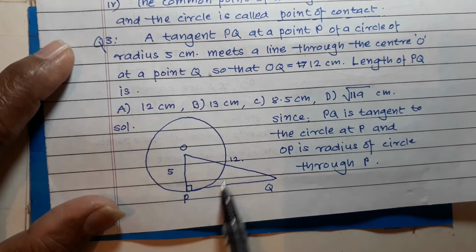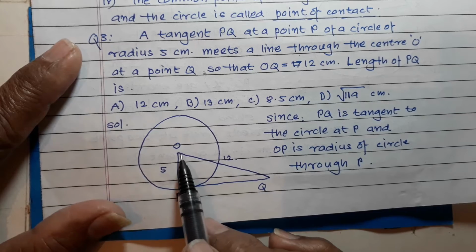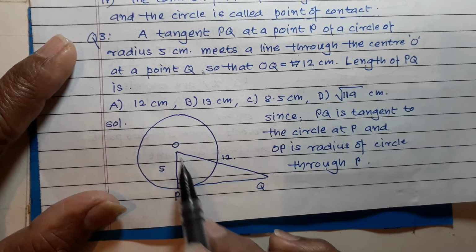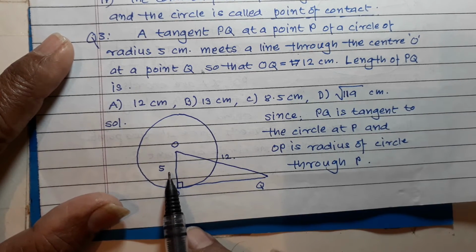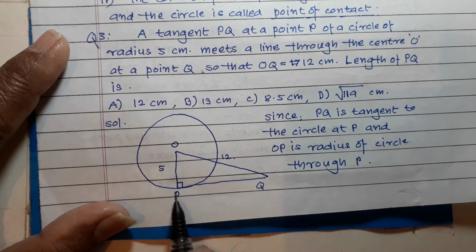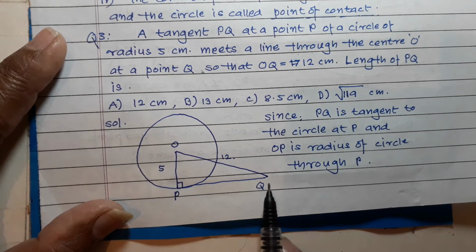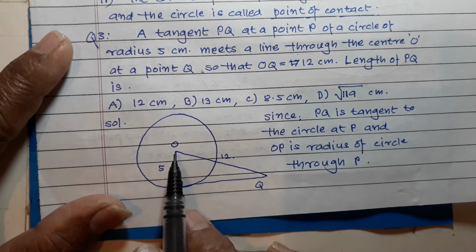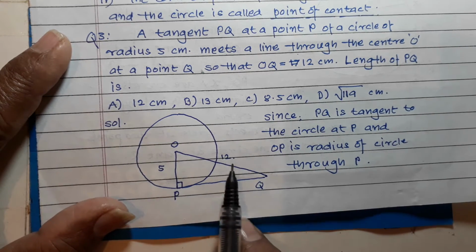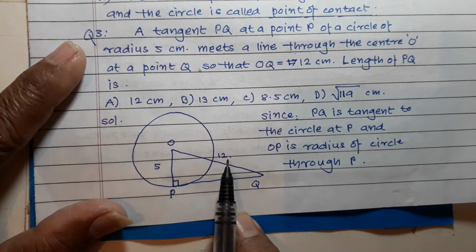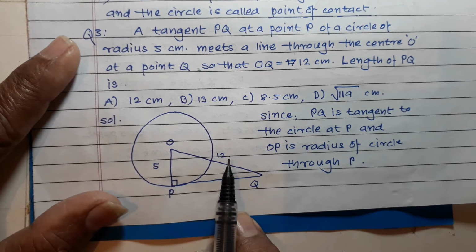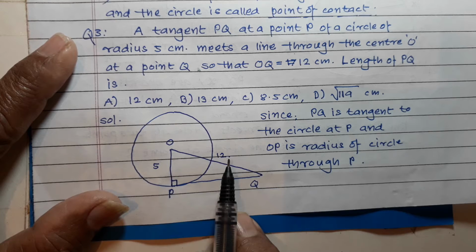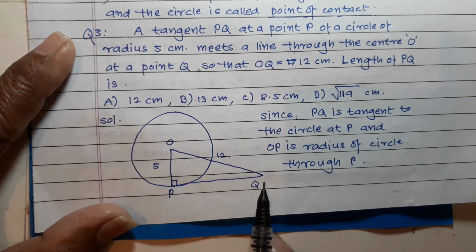Now, this is a circle with center O, this is radius OP, given as 5 cm, and PQ is a tangent. If you join OQ, then OQ is equal to 12, given. Then find the length of PQ.